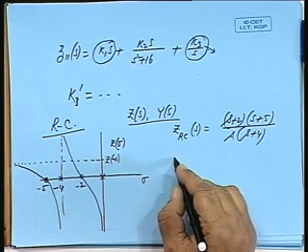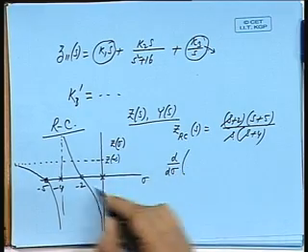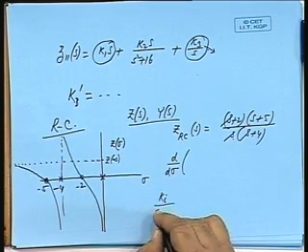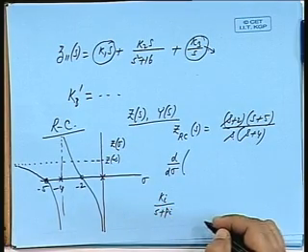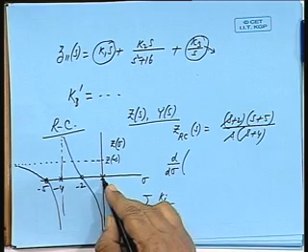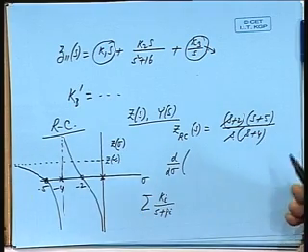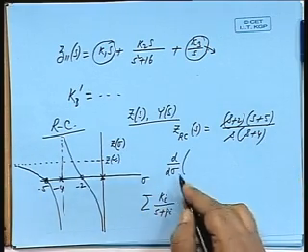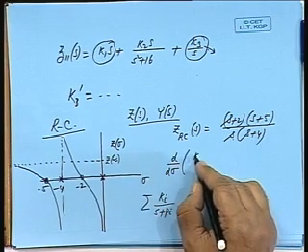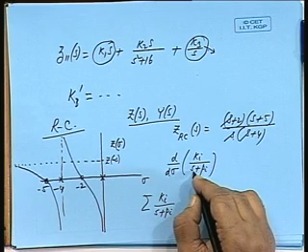Let us find out dZ by d sigma. This can be written in a general term, summation of some Ki by S plus Pi. Pi may be 0, in that case the pole is at the origin, otherwise the poles are at points like 4, and there can be many more poles. So, this is a general term. We will differentiate any of the general terms and see what the nature will be. We put S equal to sigma.